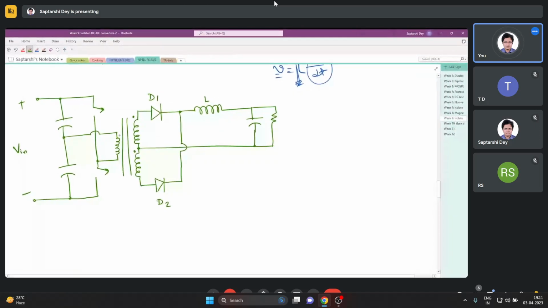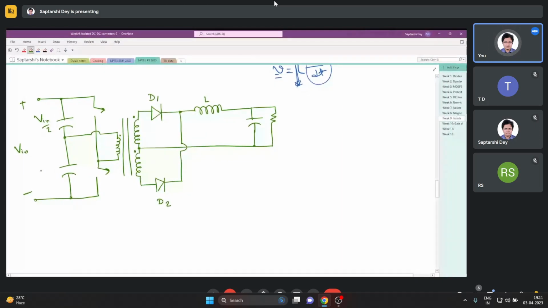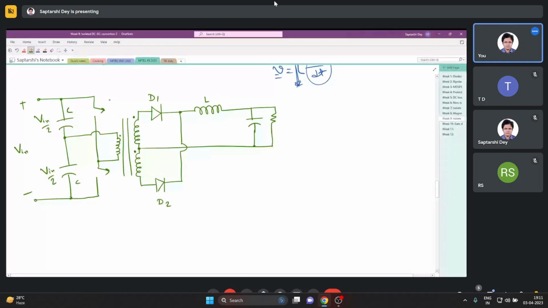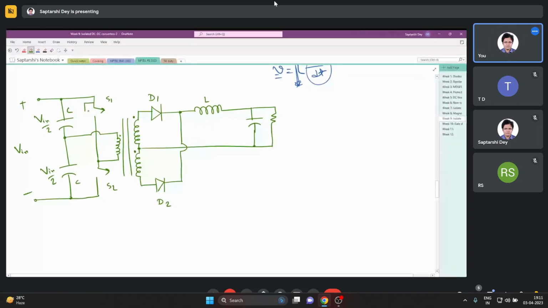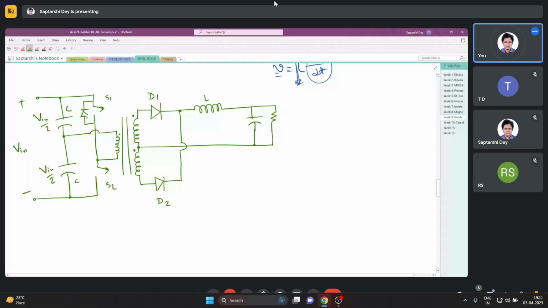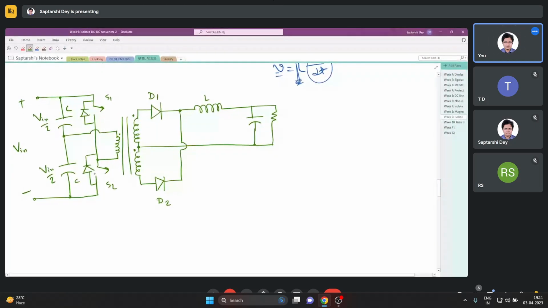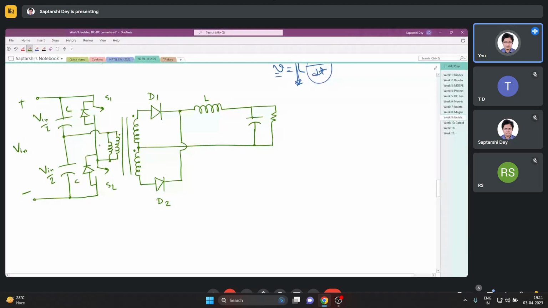It is like this. So if I have, say, here Vin by 2, Vin by 2, same values of capacitors, S1, S2. Here also the same thing. If you have diodes, that will help this LM to reset through them.